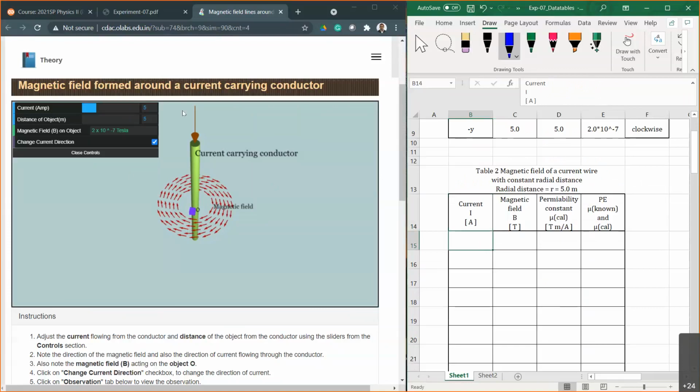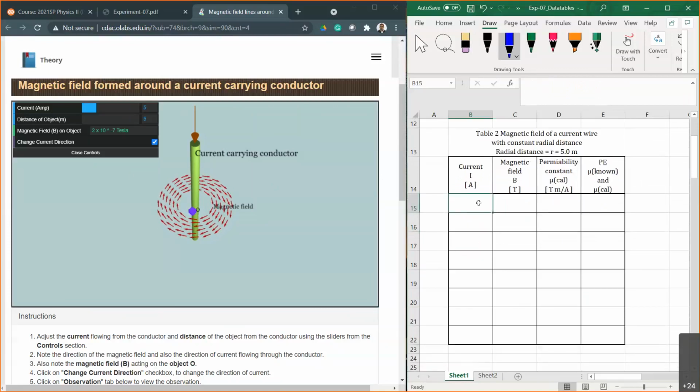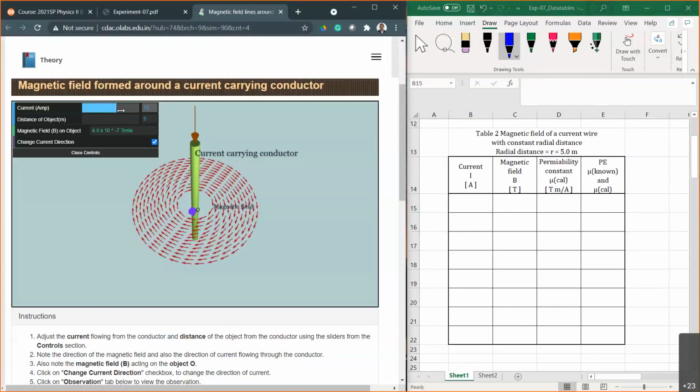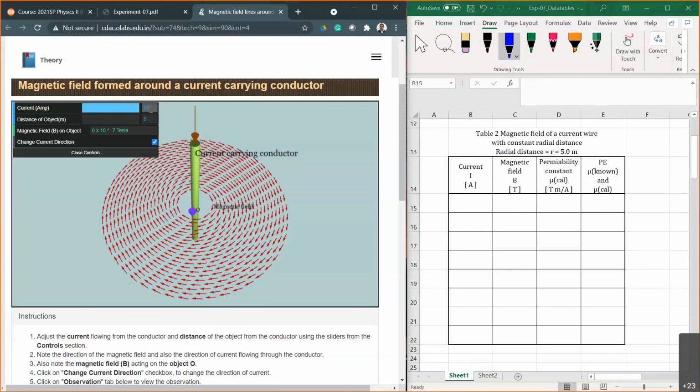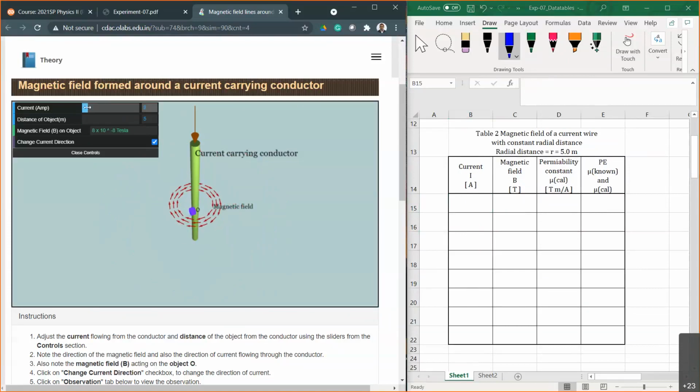And then increase the current, maybe how many data points do we need? We need about 8 data points. We can go from maybe 1 amp all the way to 20 amps. We'll go from 2 amps, by 2s. Okay. So we'll start from 2 amps, magnetic field.